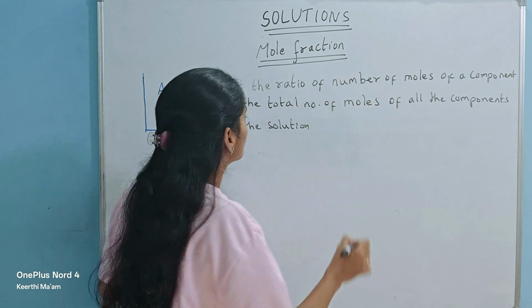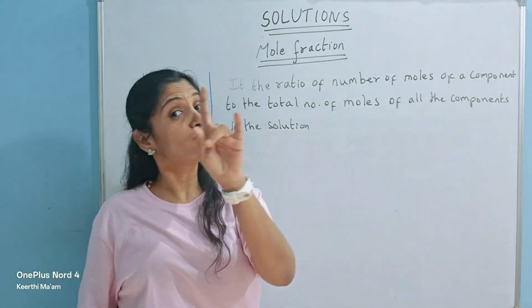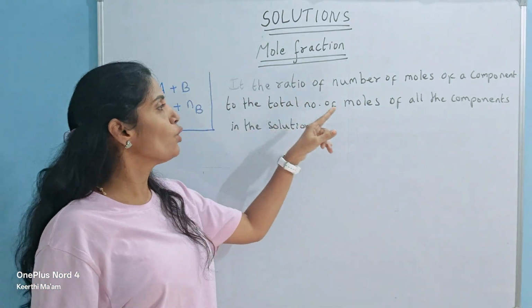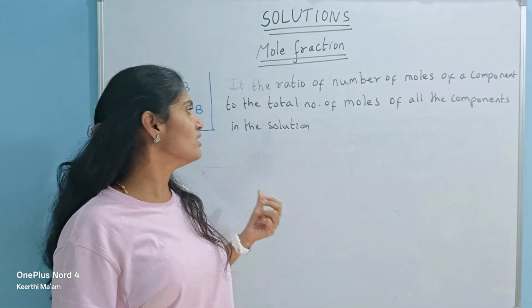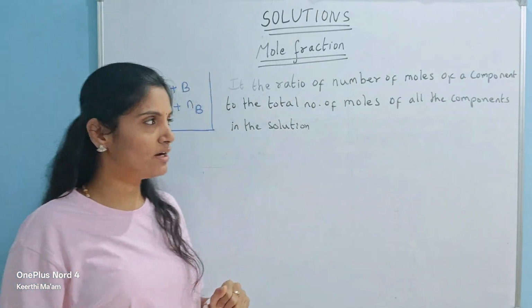So what is mole fraction? It is a ratio of number of moles of a single component to the total number of moles of all the components in the solution. How do we understand this?